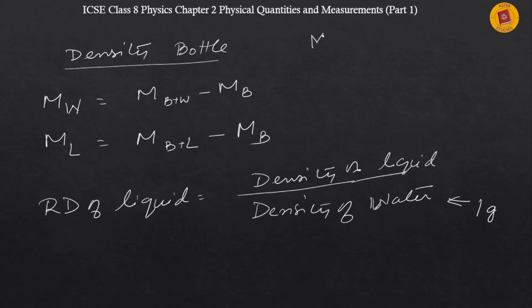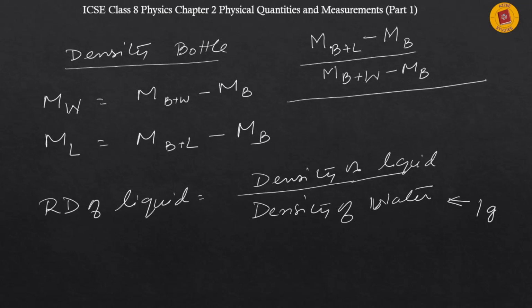So we have the formula: (M bottle plus liquid minus M bottle) divided by (M bottle plus water minus M bottle). This entire expression is the density of the liquid.